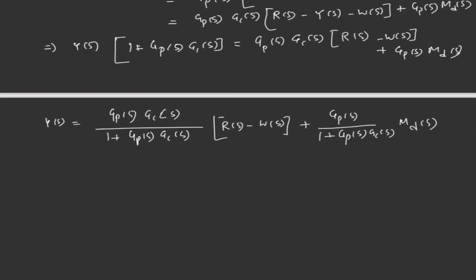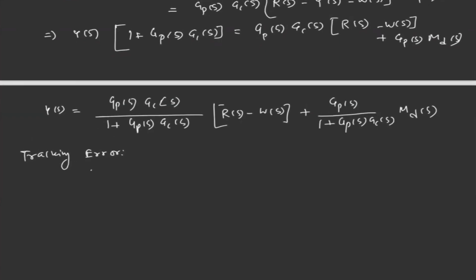Now we can find the tracking error. We can find E of S equal to R of S minus Y of S, equal to, we can substitute the expression of YS in this expression.